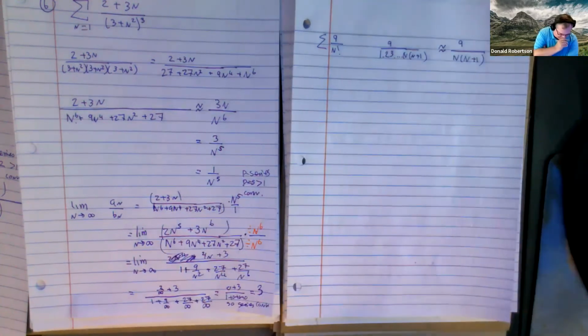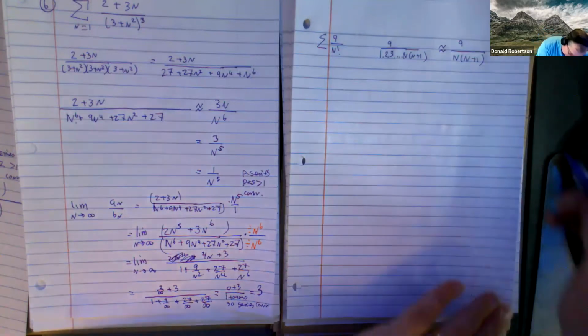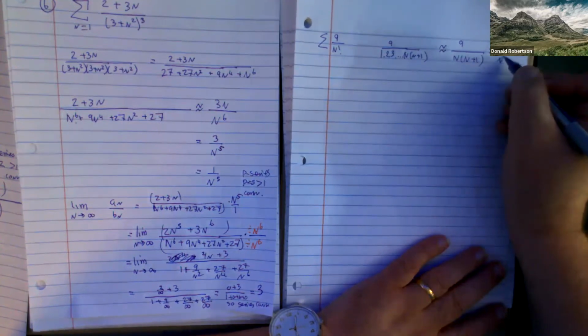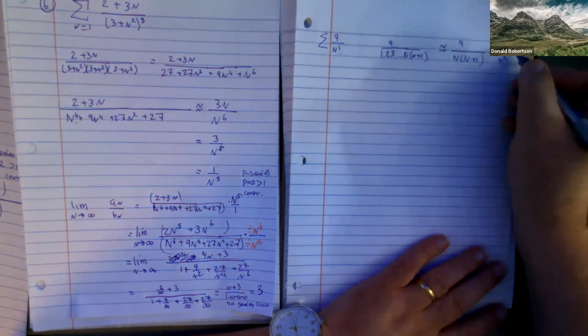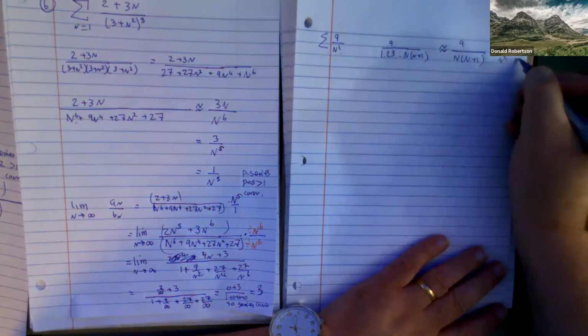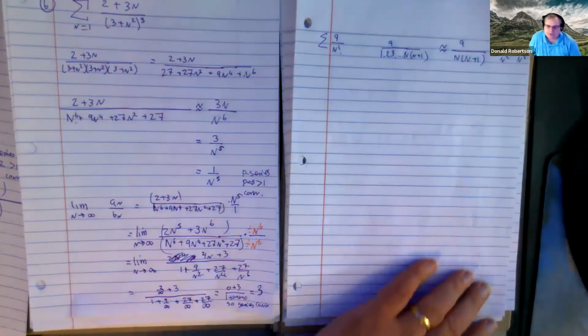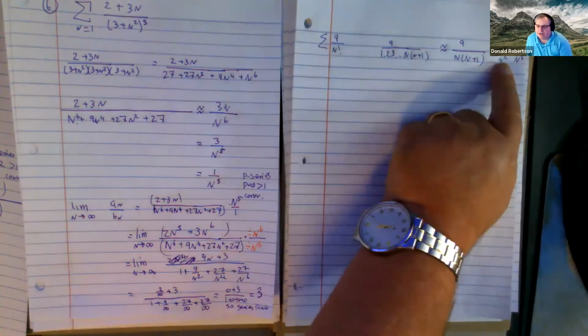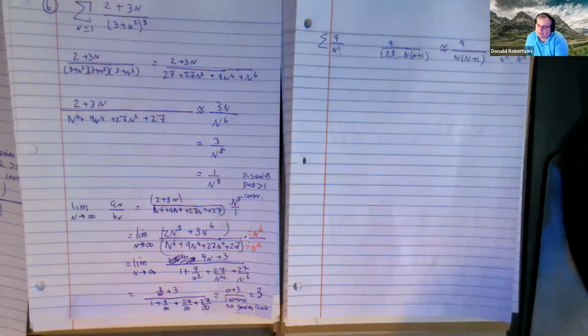I can get away with only using the last 2 terms. And then I can do that guy. And then I can do 1 over n squared. So I am saying that this guy behaves like a 9 over n squared.